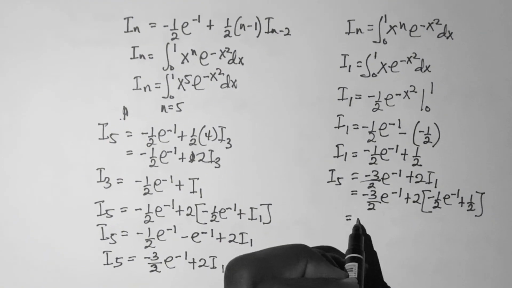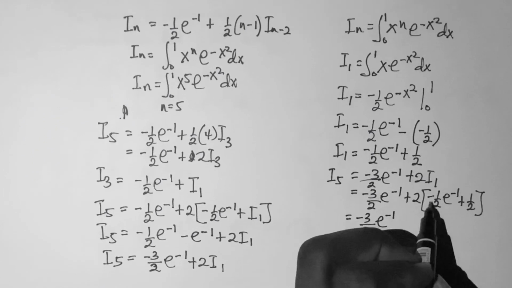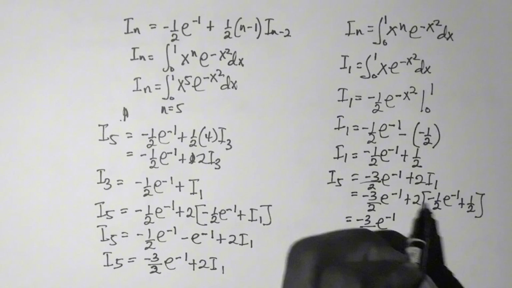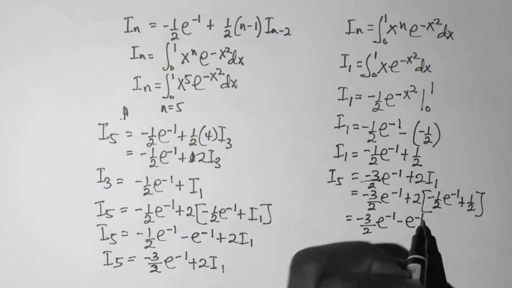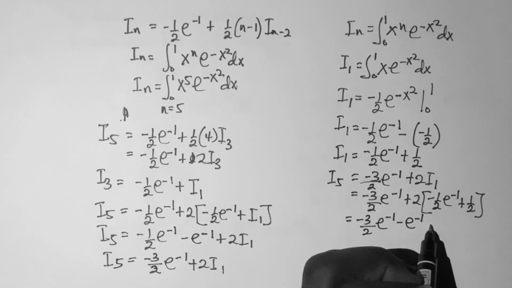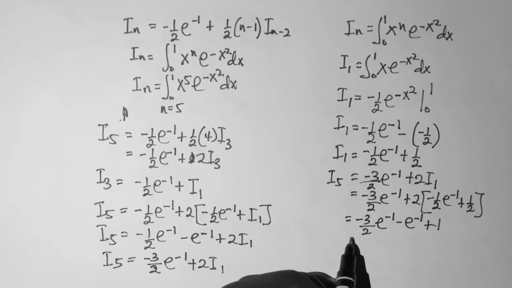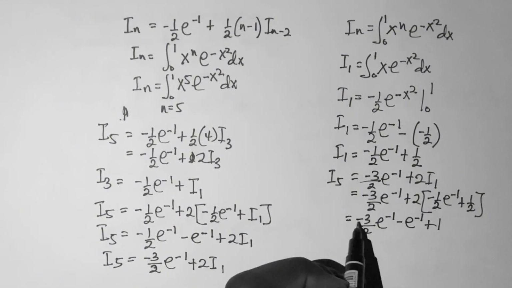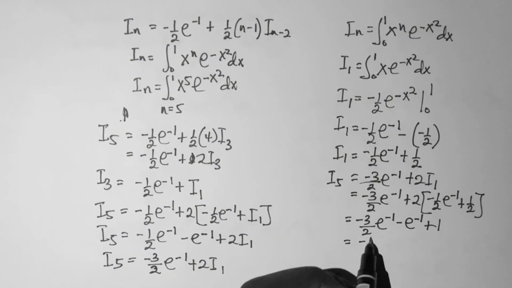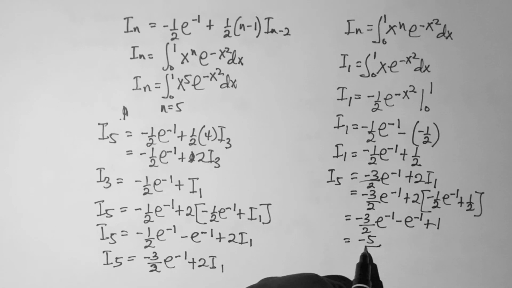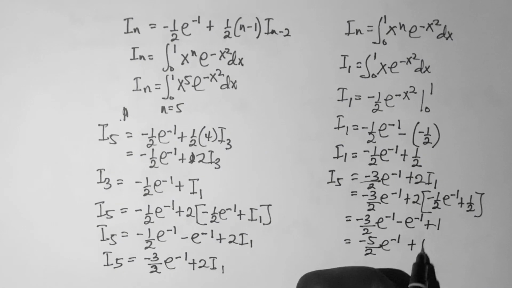So this becomes minus 3 over 2 e to the power of minus 1. And 2 multiplied by minus 1 over 2 gives minus e to the power of minus 1. Then 2 times 1 over 2 becomes plus 1. So now minus 3 over 2 minus 1 becomes minus 5 over 2, so minus 5 over 2 e to the power of minus 1 and then plus 1.